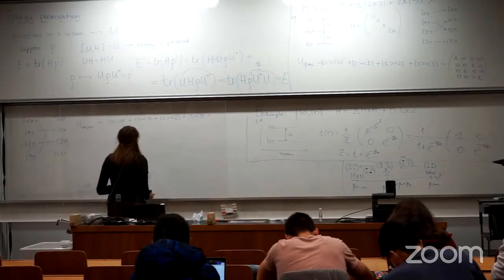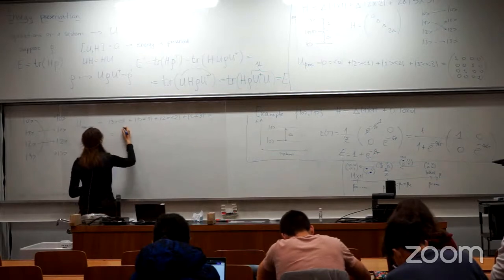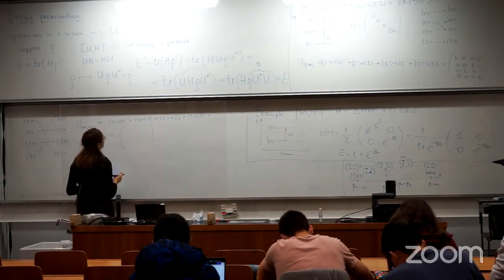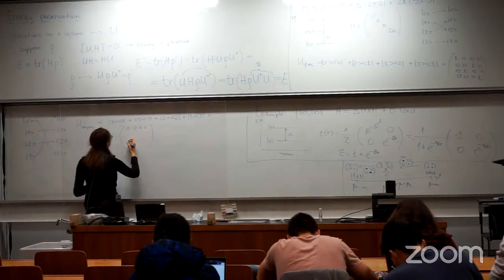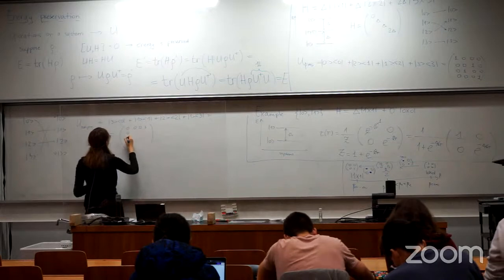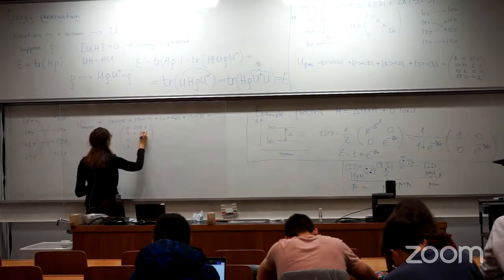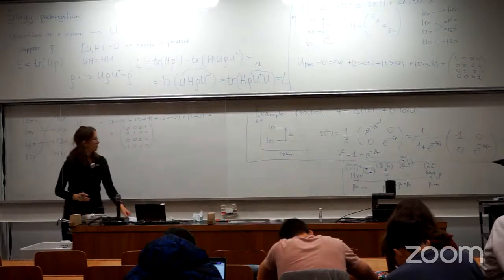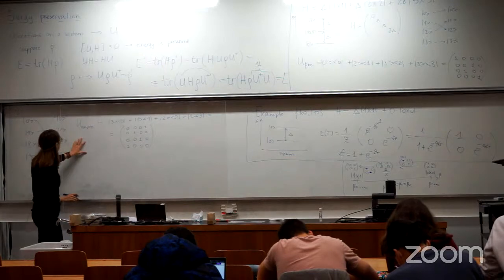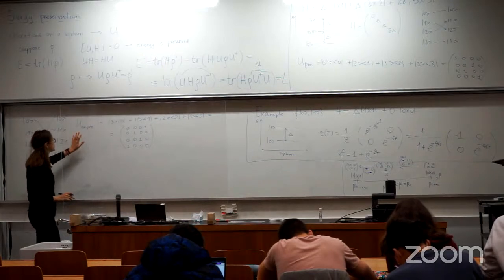So basically, as a matrix, this would be a matrix with 1s in the corresponding positions. Okay, so this is generally a unitary which does not preserve energy.